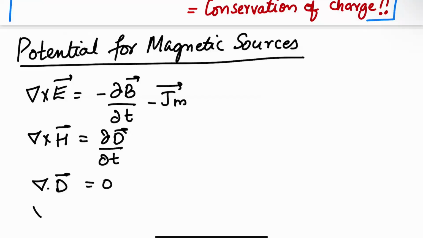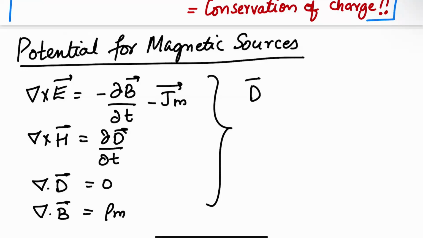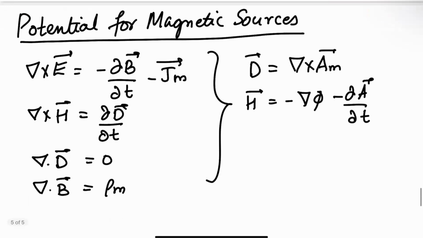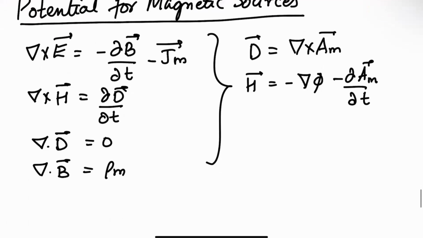Divergence of D equal to 0 and divergence of B equal to rho m. Right, so once again, we can say that D is given by curl of Am and H is given by minus gradient of phi m minus dAm over dt, right?